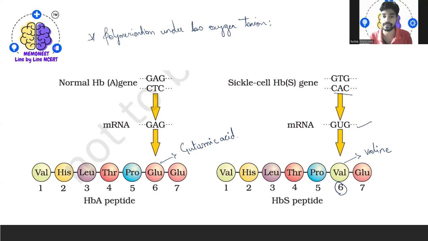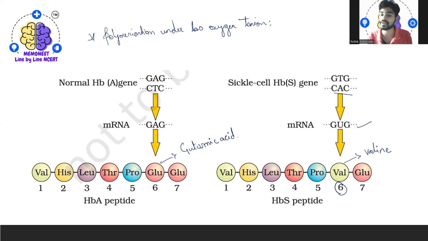So what is the mechanism? The glutamic acid present in the sixth position of the beta globin chain of the hemoglobin molecule gets substituted by valine.